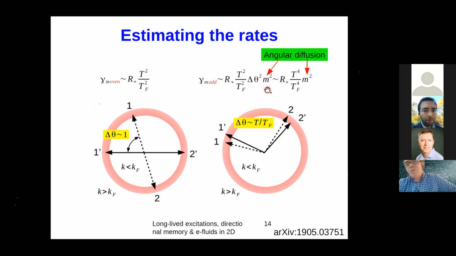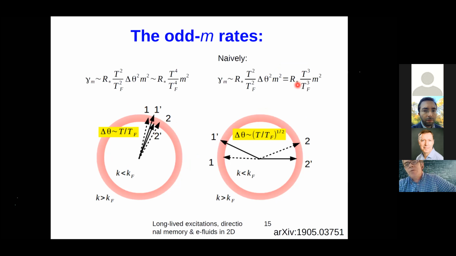What's in doubt are power laws. If you take that analysis, it predicts a T to the fourth power law. Then if you start thinking more carefully, you see that potentially there are dangerous processes that may change the power law, and these occur when two particles collide nearly head-on.